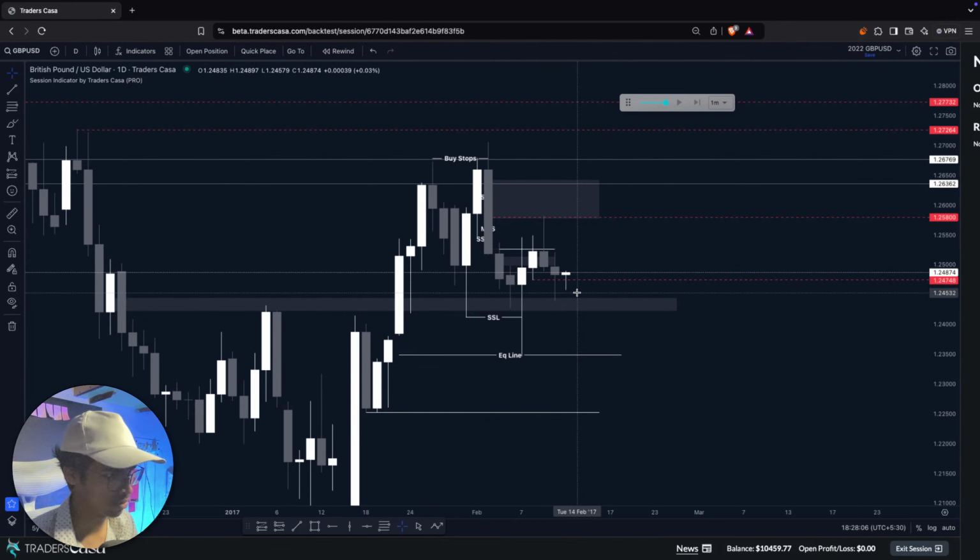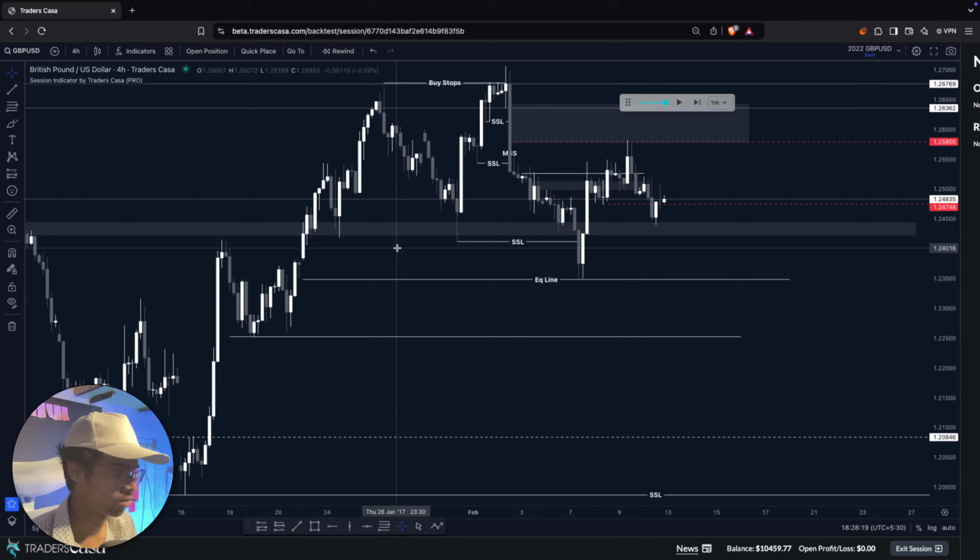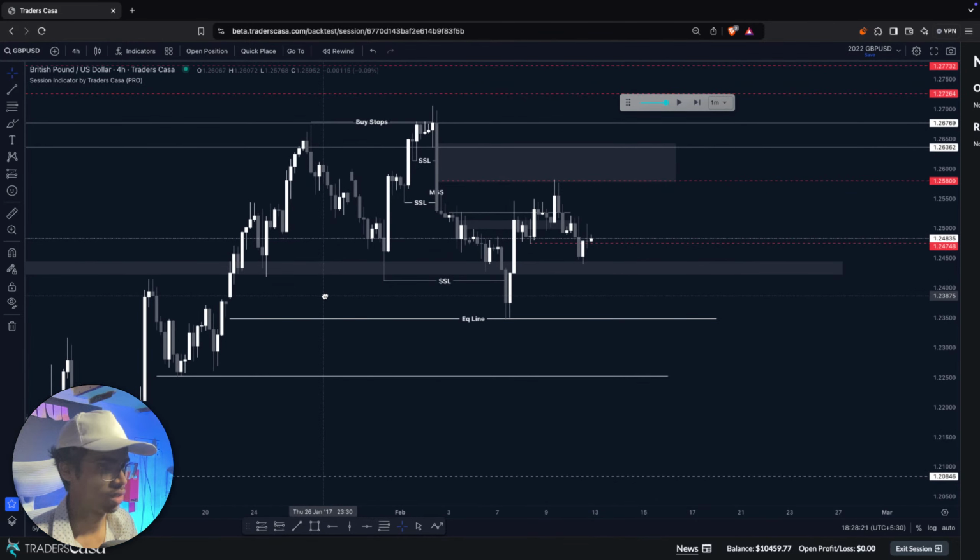If it needs to go to sell side, there's no sell side over here. It is already the sell side liquidity sweep. But let me go on a lower time frame. Sell side is not taken well. So it just went down and back up. Got it.